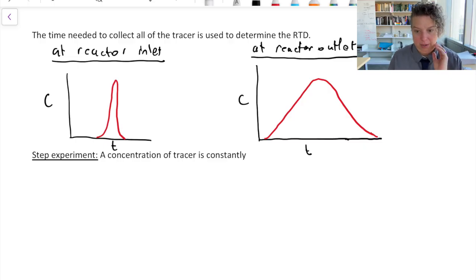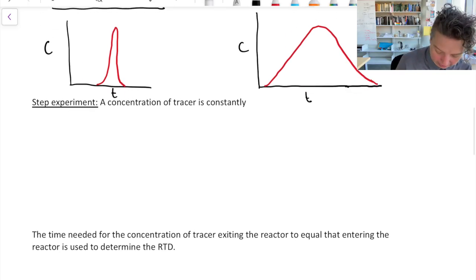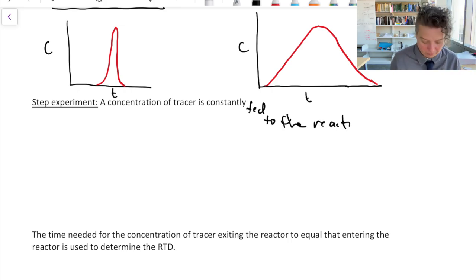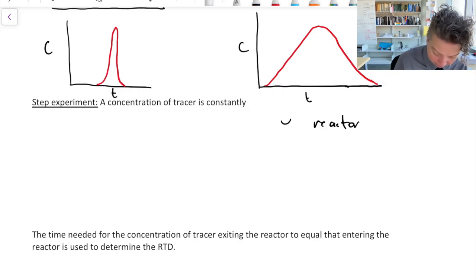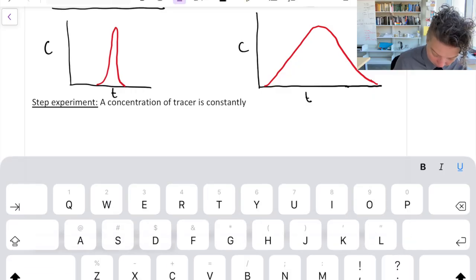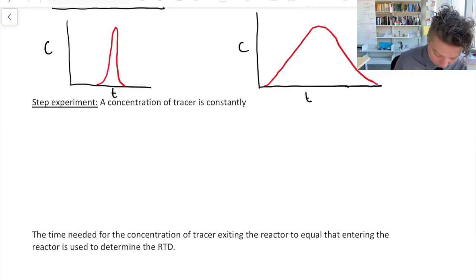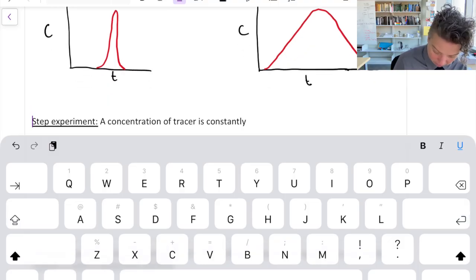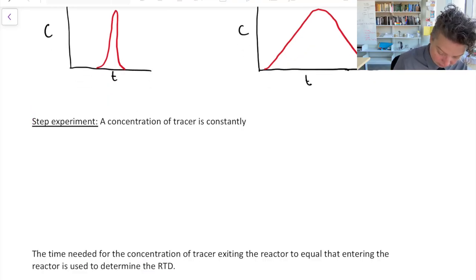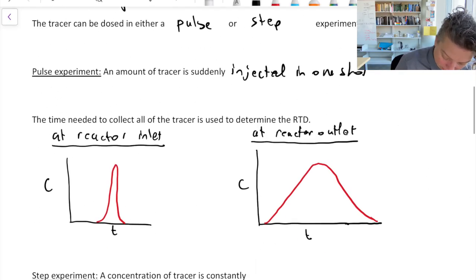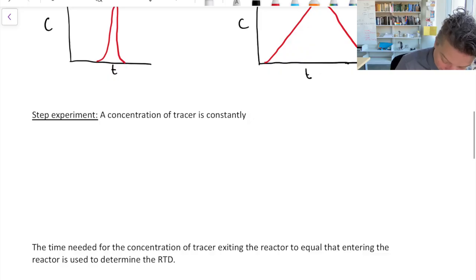In a step experiment, a concentration is constantly fed to the reactor. Step experiment, a concentration of tracer is constantly fed to the reactor.